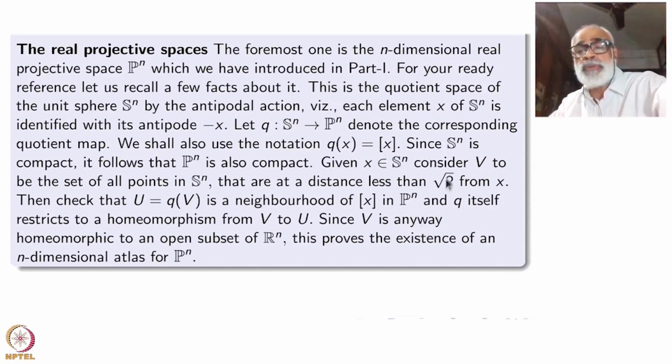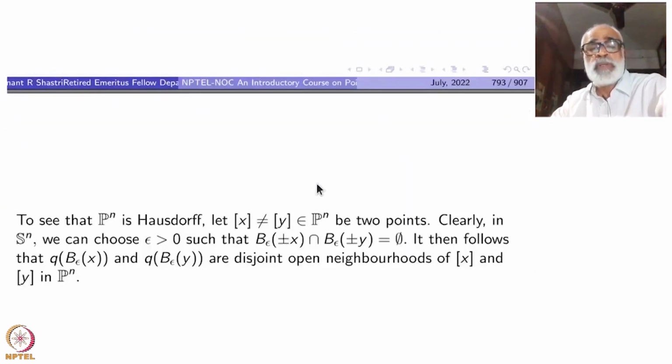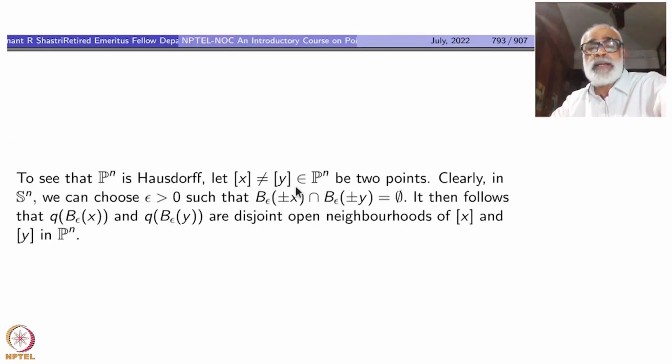Indeed, this also tells you that the space is Hausdorff. Let me tell you something more. Take x and y distinct points. What does it mean? Plus minus x is not equal to plus minus y. If x is not equal to y, their classes are different, which means plus minus x is not plus minus y. So you have 4 different points. Take the least distance between all of them, call that epsilon, and take epsilon balls around plus minus x and plus minus y.